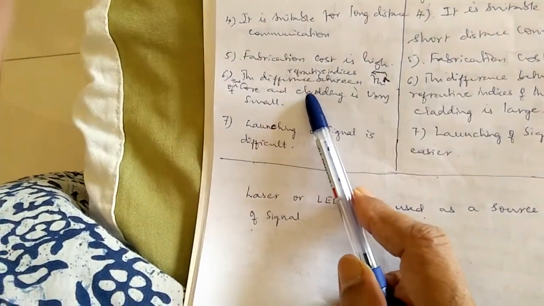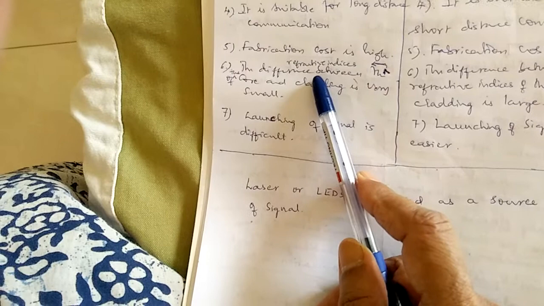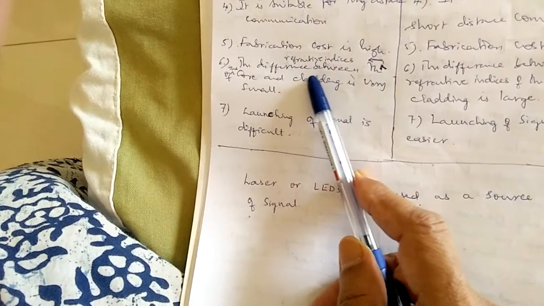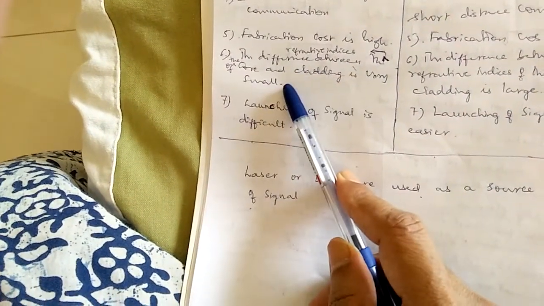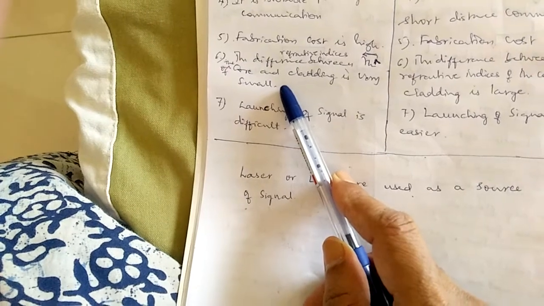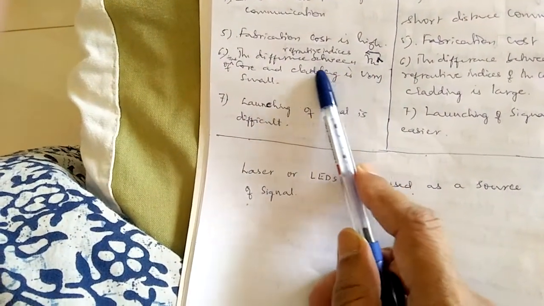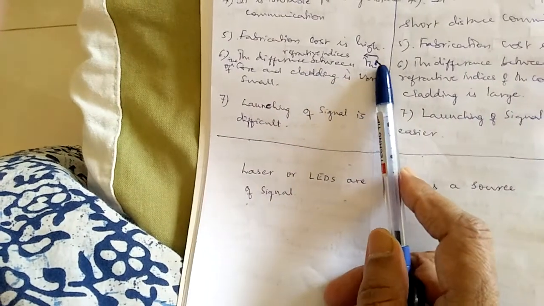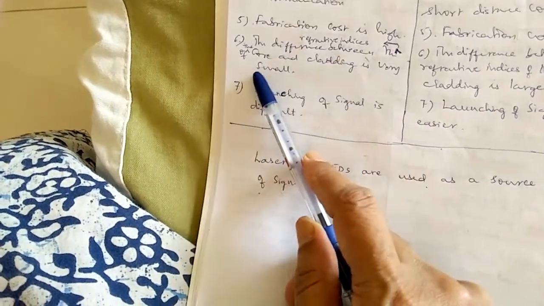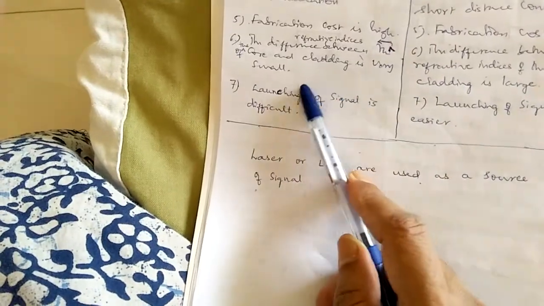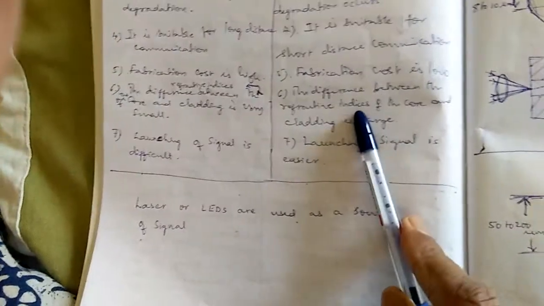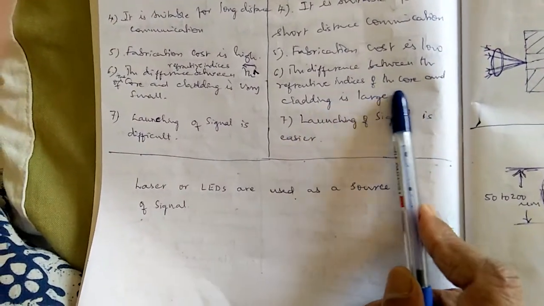In single mode, the difference between the refractive indices of the core and cladding is very small. Here, the difference between the refractive indices of the core and cladding is large.